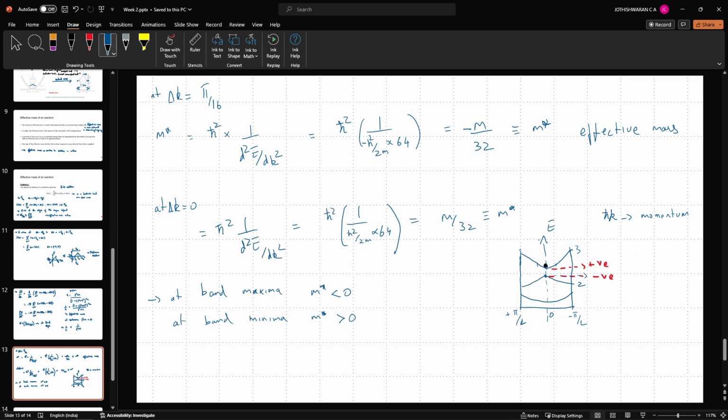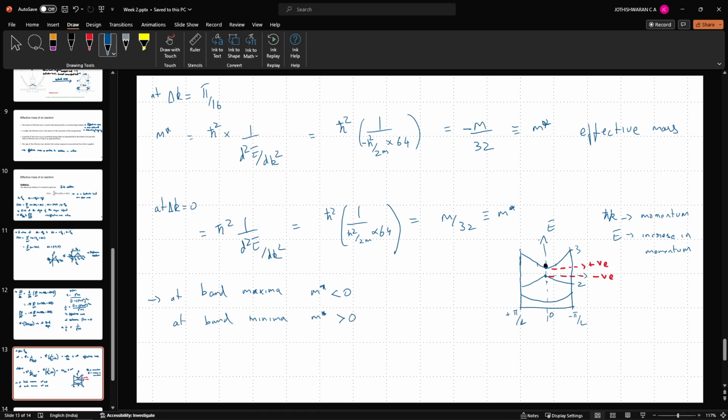So when I'm applying a voltage to a particle that is present here, it will move to one of the empty states which corresponds to a higher, like this is not exactly the momentum in this case, but this represents the momentum. So giving energy leads to an increase in the magnitude of momentum.